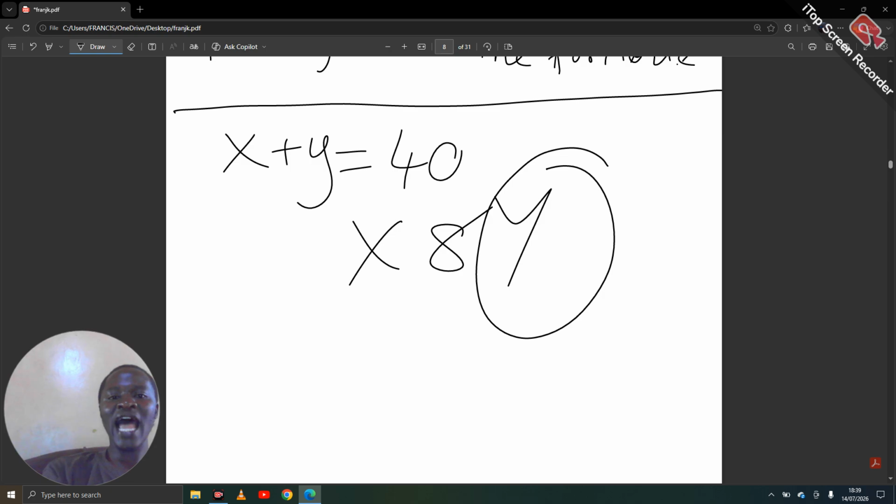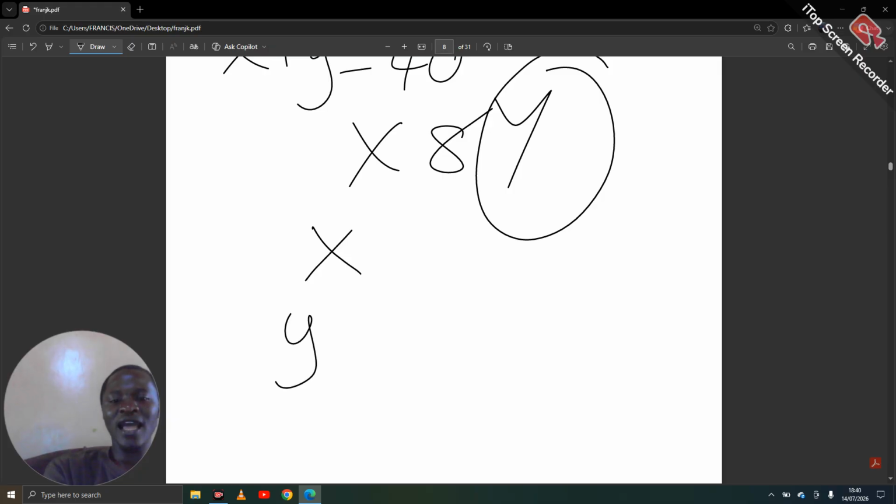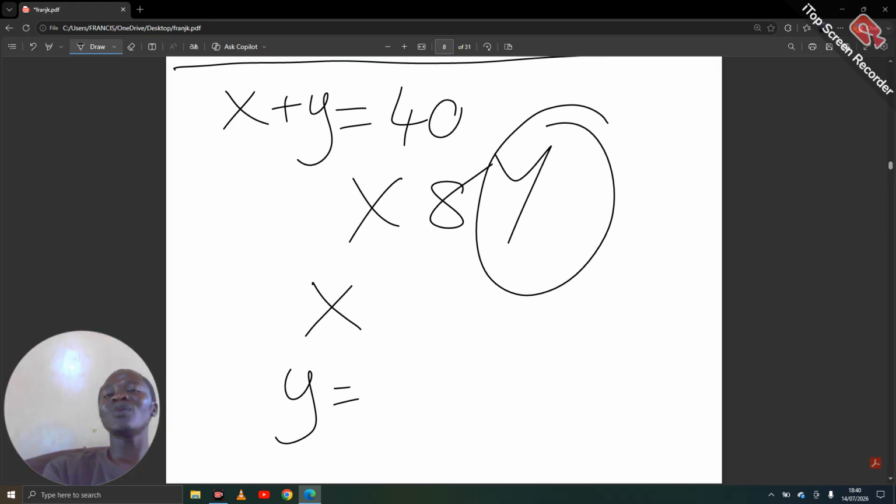So that means I shall make y the subject of the formula. If x plus y equals 40, making y the subject of the formula will be what? 40 minus x.